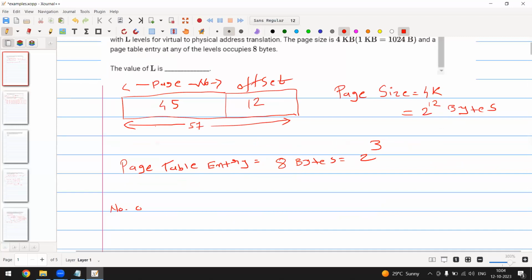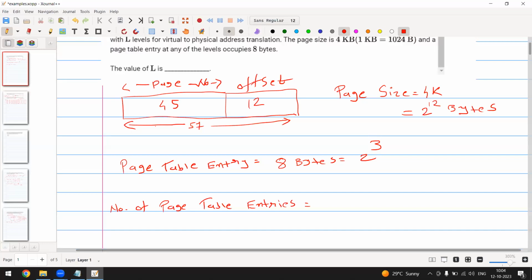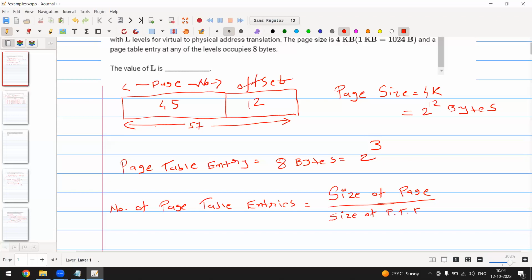Remember this formula, very simple: number of page table entries is the size of page divided by size of each page table entry, because you want to access your page with the page table entry.